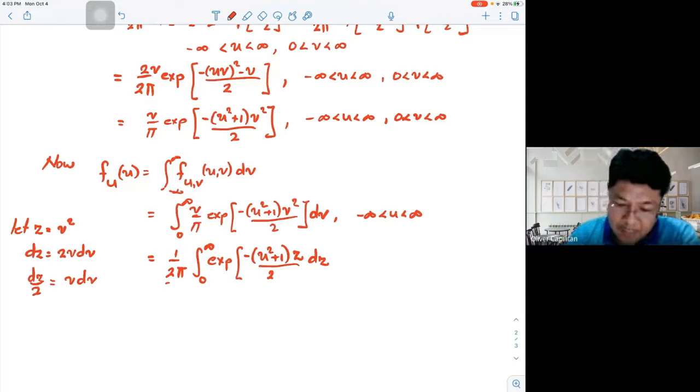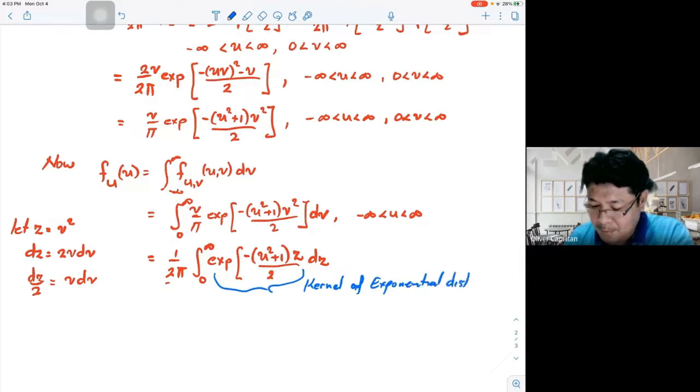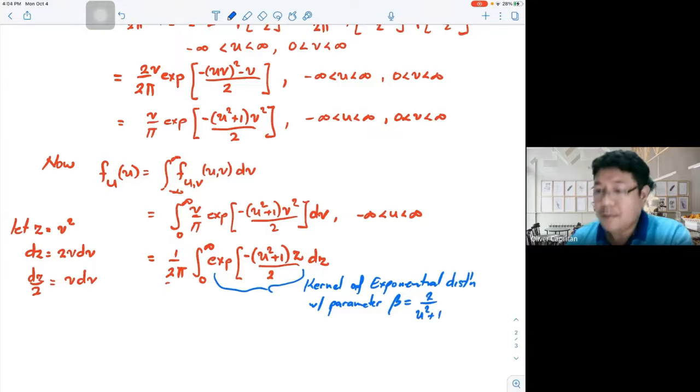So we have the kernel of an exponential distribution with parameter beta equal to 2 over u square plus 1.